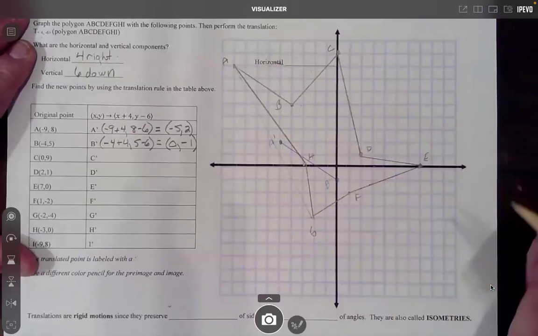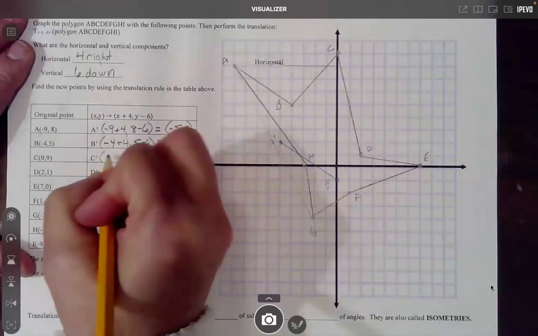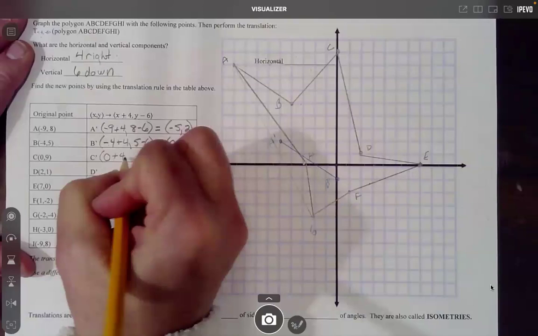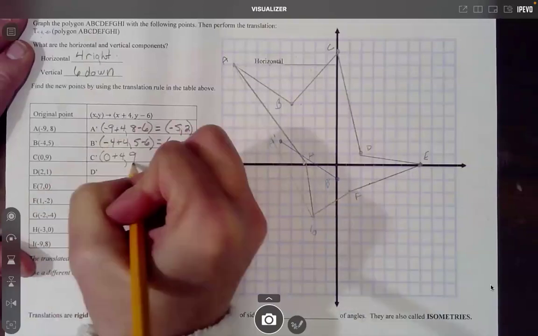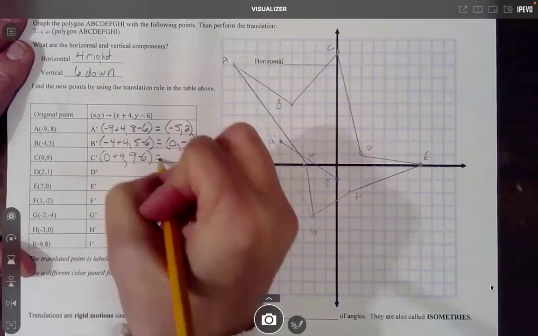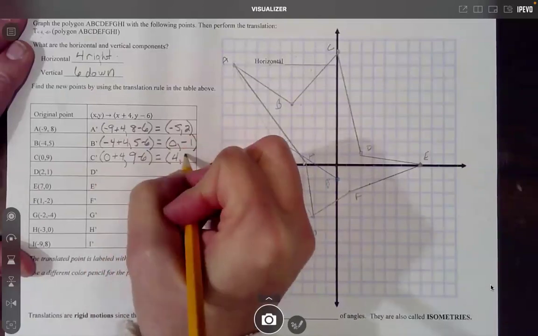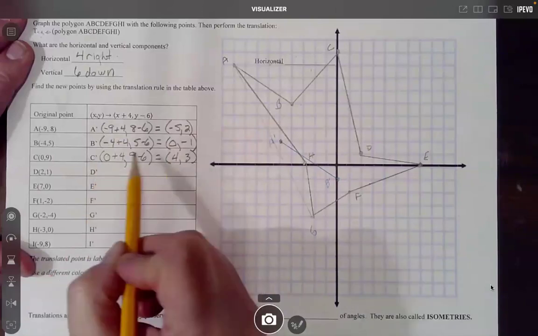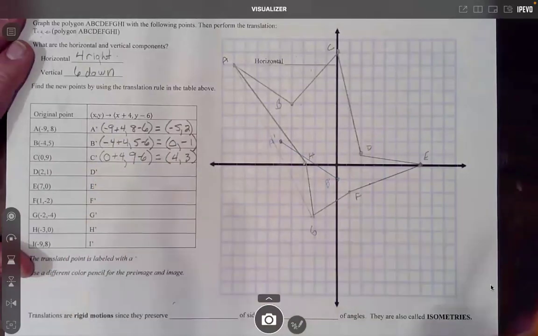I'll do one more. C, the x coordinate starts at 0. I add 4. The y coordinate starts at 9. I subtract 6. So C prime is 4, 3. 0 plus 4 is 4. 9 minus 6 is 3.